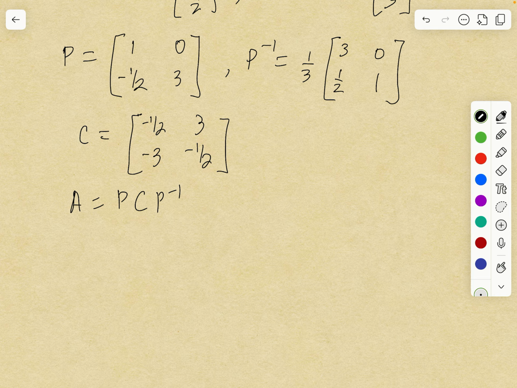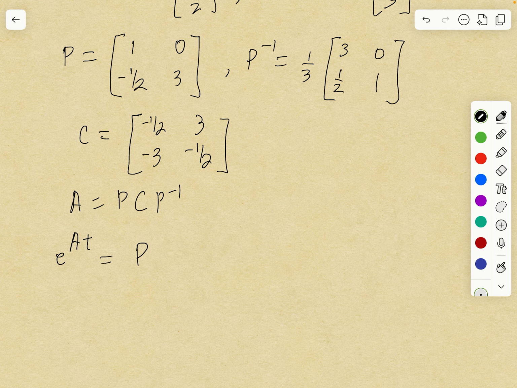So e to the AT is just going to be P times C times P inverse, P times e to the Ct.